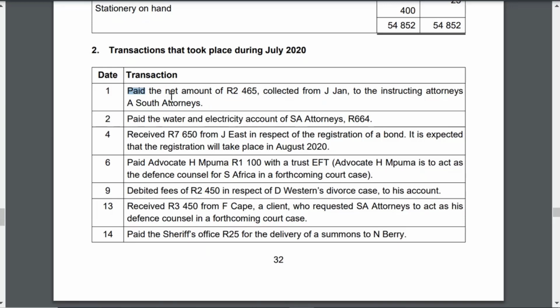Paid the net amount of 2,465 collected from GGen to the instructing attorneys, A South attorneys.